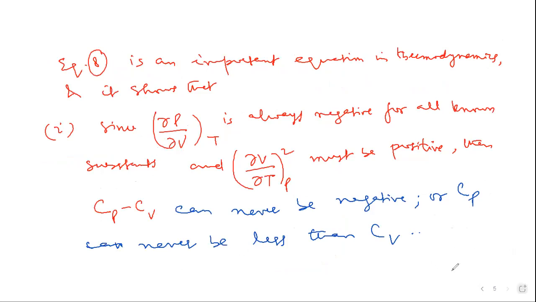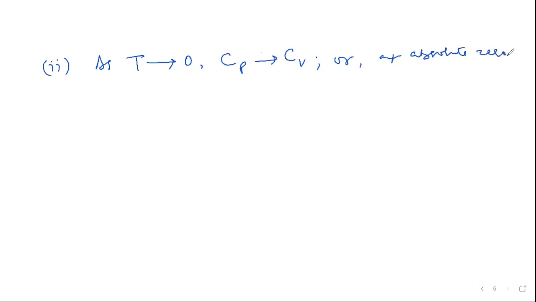Second conclusion is as T approaches zero, Cp approaches Cv, or at absolute zero, the two heat capacities are equal.